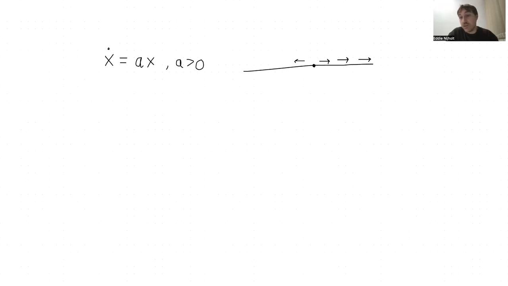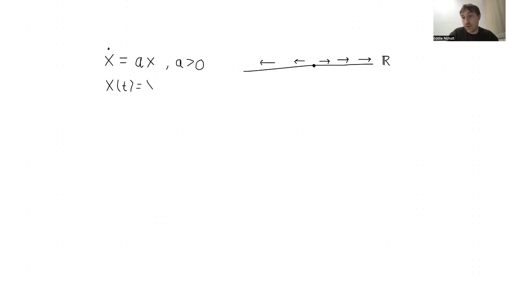As a matter of fact, we know exactly what the solutions are, right? This is all a very easy ODE. We know that the solutions are just given by x of t, right? So we're always looking for solution curves. x of t is just going to be equal to x0, whatever that was at the start, and then it's going to grow exponentially, right?